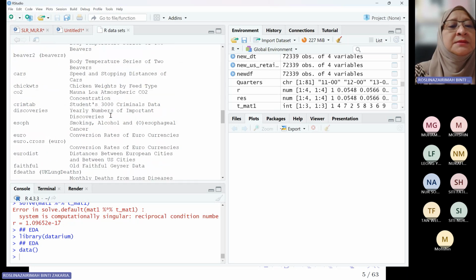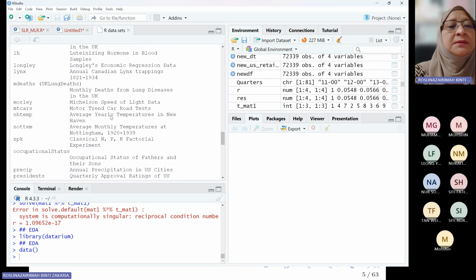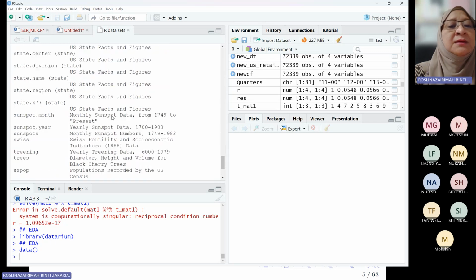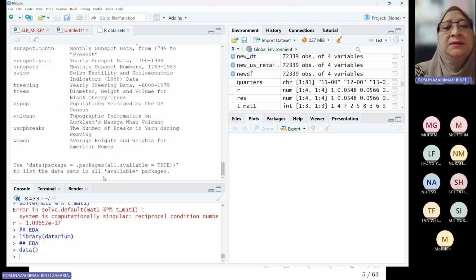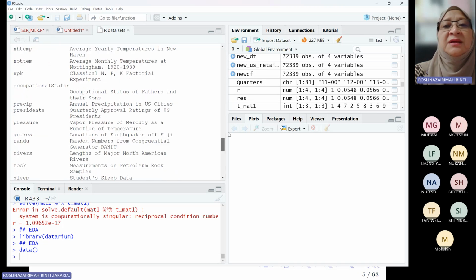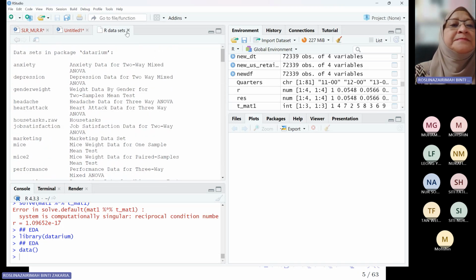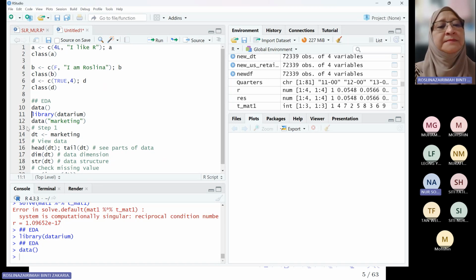There are many data in this R database. Okay, so can you get the data? I think last time you did. If your Datarium is not there, you need to install it through this Packages, Install.